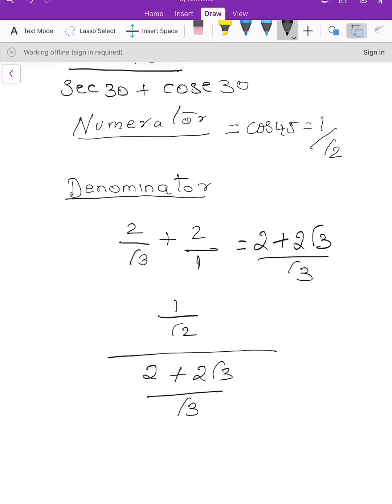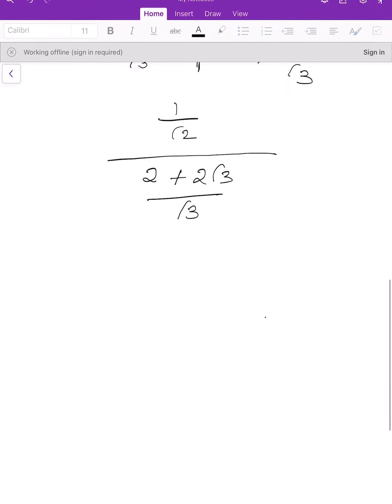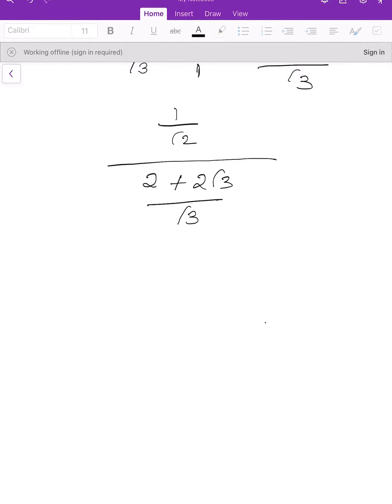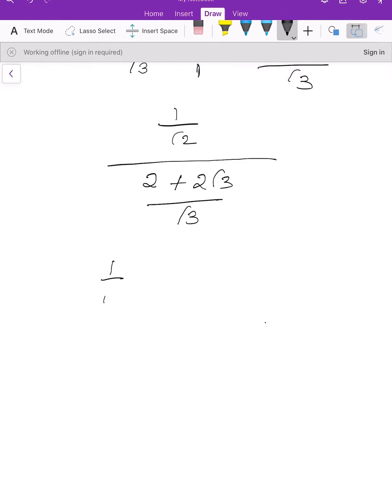So it will just reciprocate. On reciprocating, it will be like this: 1 by root 2, and this root 3 will go to the numerator. So it will be root 3 divided by 2 plus 2 root 3. This is how it will be.